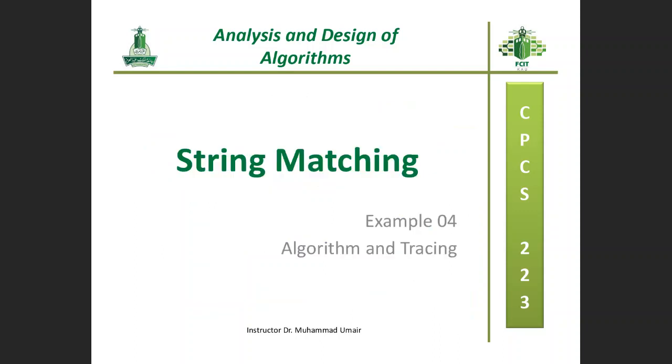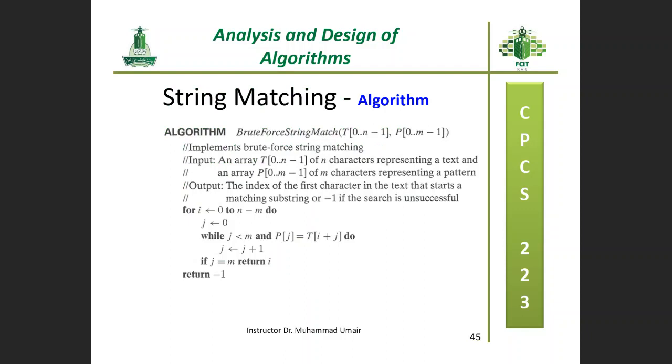So now coming to the algorithm, and we will trace this algorithm with one example also. Here you can see the string matching algorithm, which is based on the brute force technique. We are passing two parameters. One is the text, where n is the length of the text, so the index of the string will start from 0 till n minus 1.